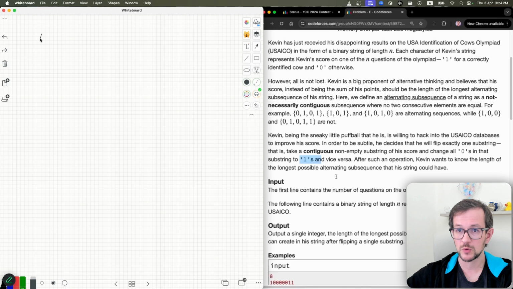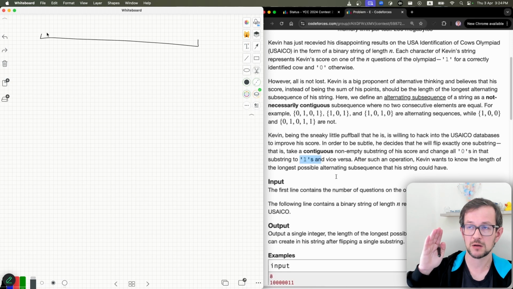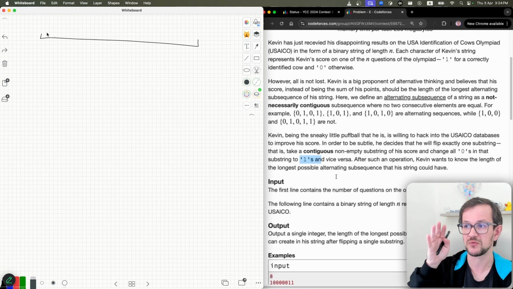We have a string. Let's think about what we're maximizing. We're maximizing the length of the alternating subsequence. What does it mean? It means we have some subsequence, which is just some sequence of elements that is not necessarily consecutive.